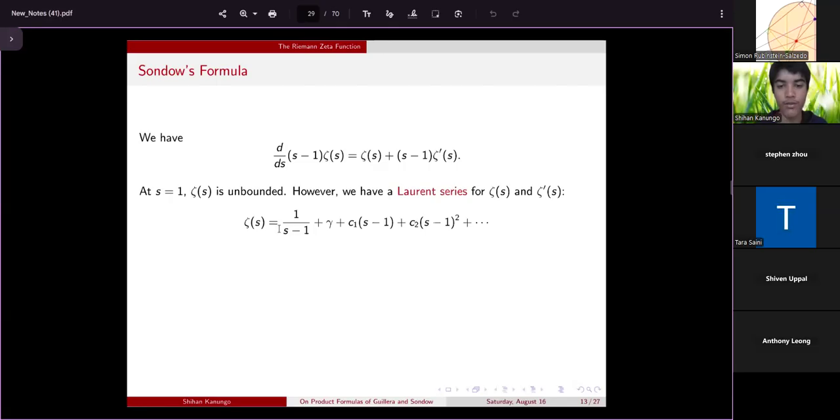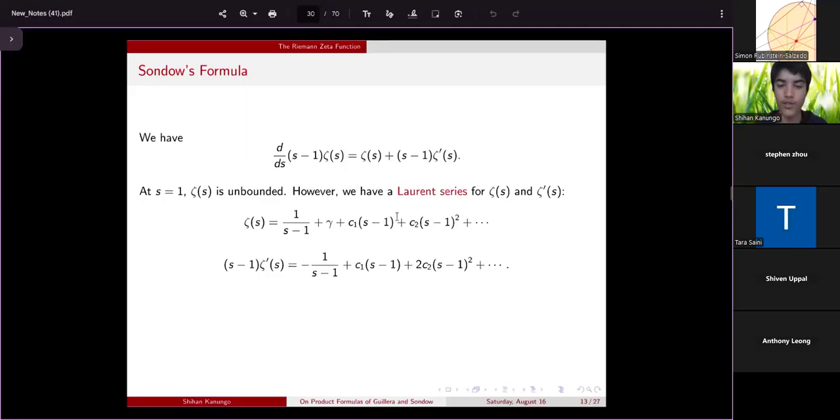Now, if we take the derivative of this expression and multiply by s minus 1, then the 1/(s minus 1) becomes negative 1/(s minus 1), the gamma goes away, and all of these terms stay similar. Cn becomes n times Cn. Now, when we add these, the 1 over (s minus 1) term gets canceled.